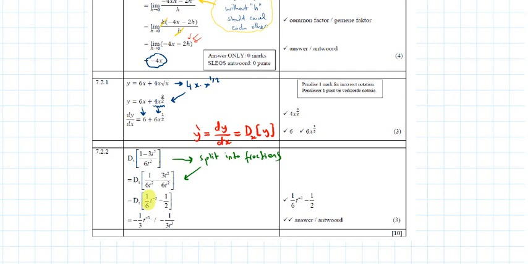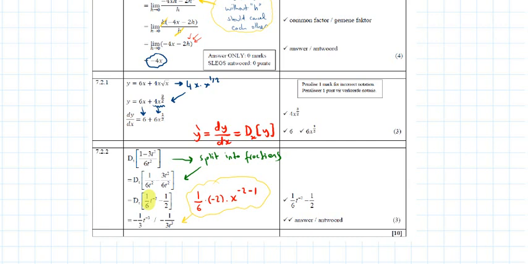How do we get that thing? 1 over 6 times the power, which is negative 2, and t, decrease the power by 1, negative 2 becomes negative 3. That's how you get that last answer. So this is what is done. And the derivative of 1 over 2 is 0, so you can just not write anything at all.